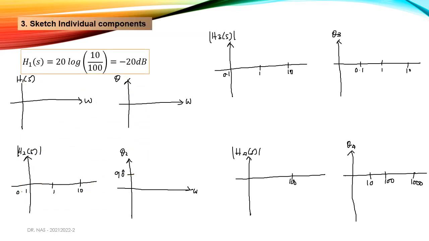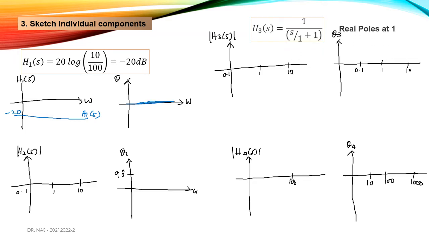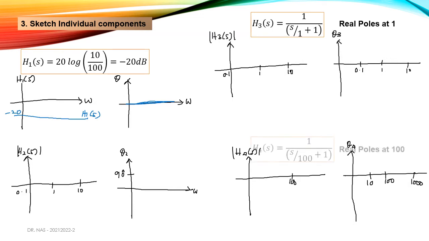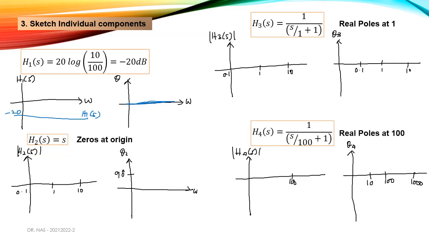The first one is the constant, negative 20 dB, so you sketch negative 20 dB constant. This is your H1(s), negative 20, and for a constant the phase will be 0. Then for the second component, H2(s) equal to s, so zeros at origin.